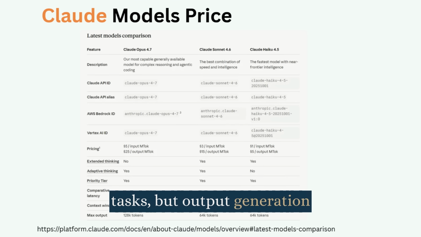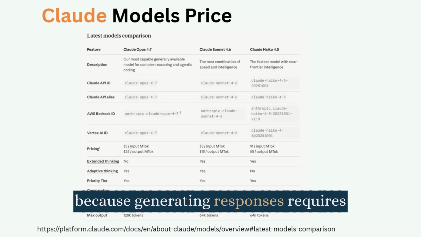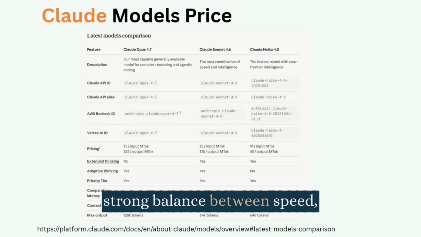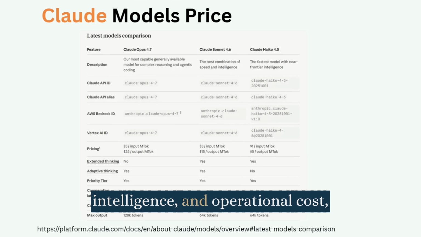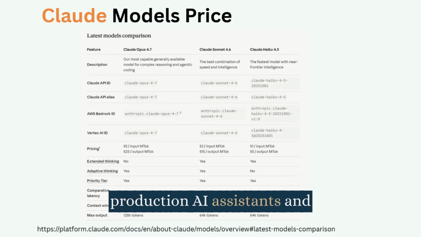But output generation remains significantly more expensive because generating responses requires heavier computation. Claude Sonnet 4.6 costs $3 per 1 million input tokens and $15 per 1 million output tokens. This model provides a strong balance between speed, intelligence, and operational cost, making it suitable for production AI assistants and enterprise workflows.